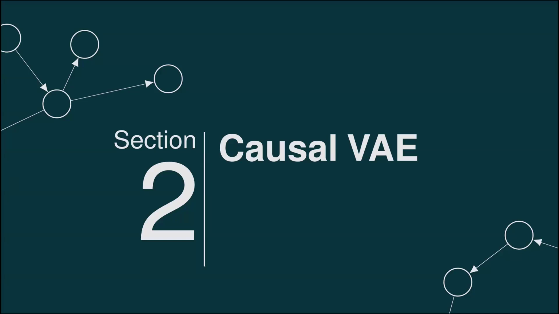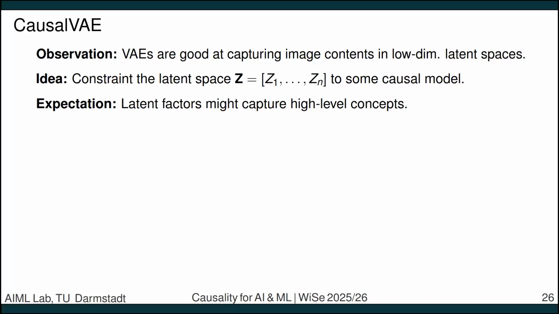For that, people proposed causal VAEs, which are basically variational autoencoders where we constrain the latent space in accordance with some causal models.